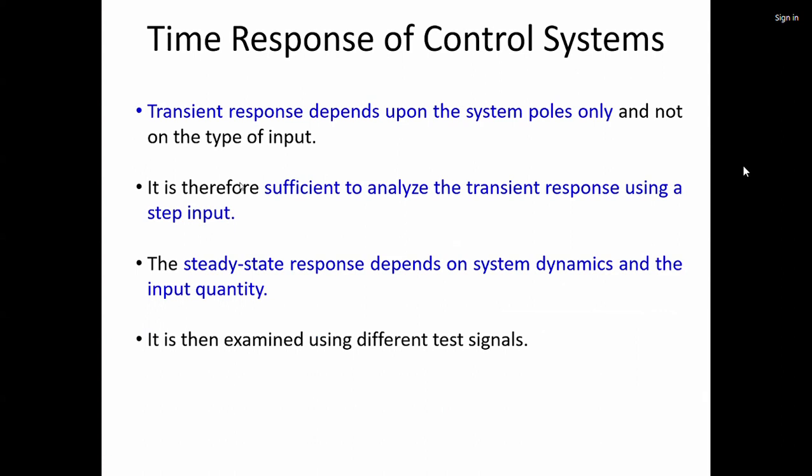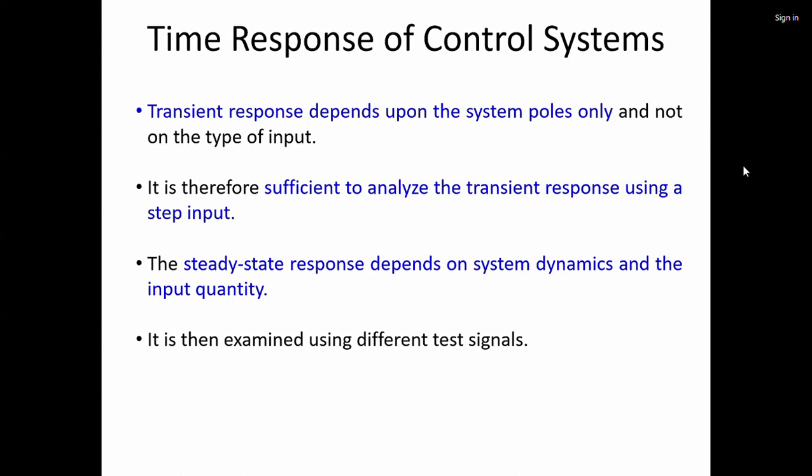So what we know about the systems is that the transient response depends upon the system poles only. That means it actually depends on the time constant. Okay, pole meaning it is in frequency domain, but in time domain it is actually the time constant, and not on the type of input that you supply. Okay, so you can take any kind of input. Let's say you can take a step input, and you can analyze the transient response of a system.